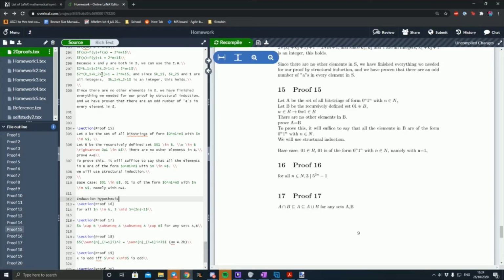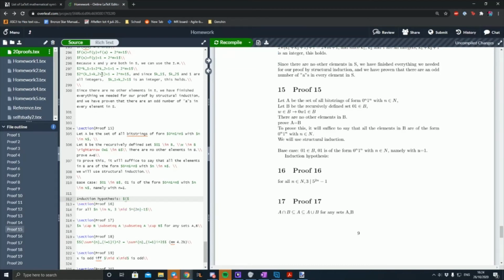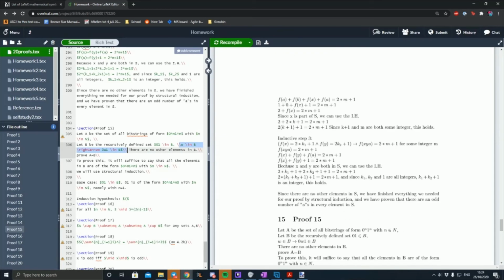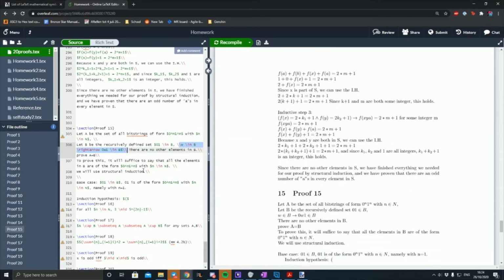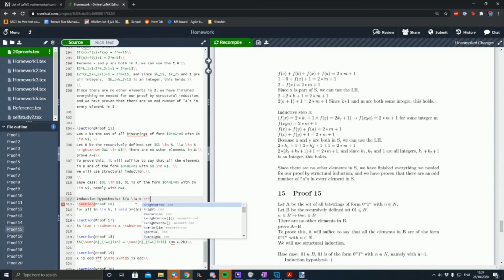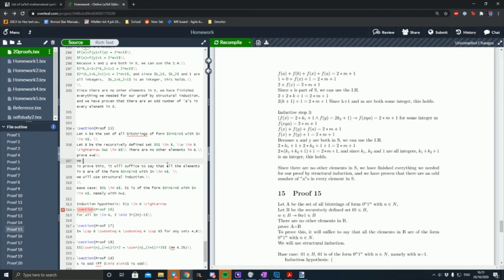Induction hypothesis: let's say W in B, then... wait, the induction hypothesis is what we want to prove? So that means that if we have W in B, I need a quicker way to say this.